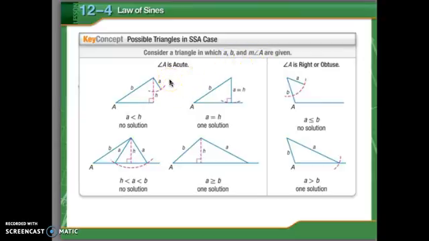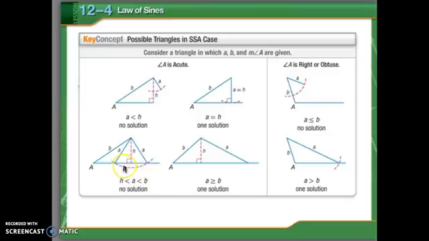So the cases where angle A could be an acute angle, the triangle could look like this. If A is less than the height, then there's no solution. You can't make a triangle that way. If A is equal to the height, there's only one possible triangle that could be made.